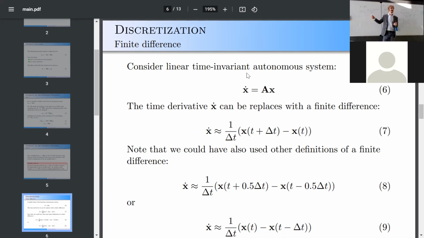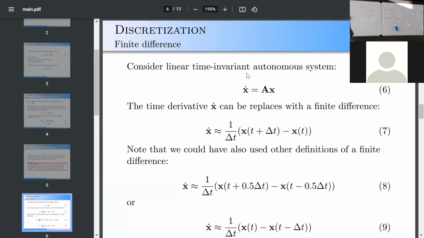You do it this way. That is the simplest way to define the derivative. There are other ways to find the derivative. Let me show you. x dot can also be approximated as x_i minus x_{i-1} divided by dt. Sounds almost the same, but it's slightly different.